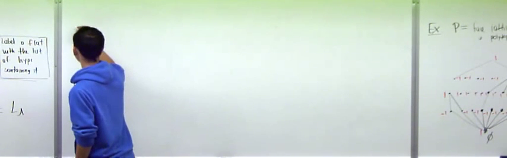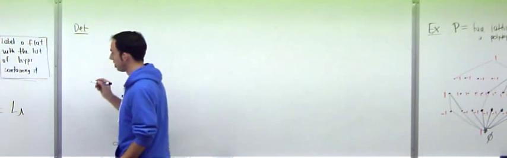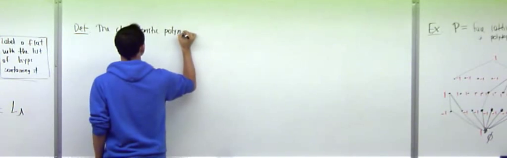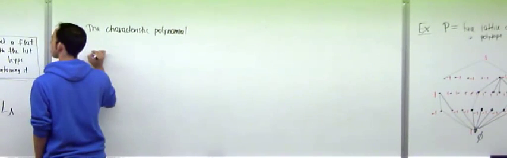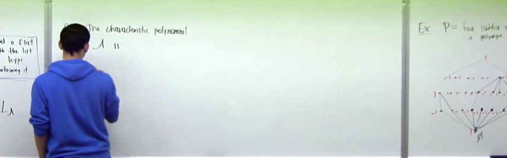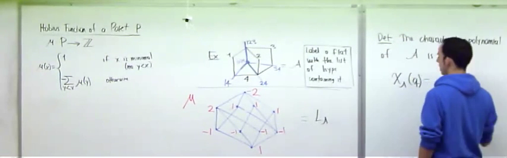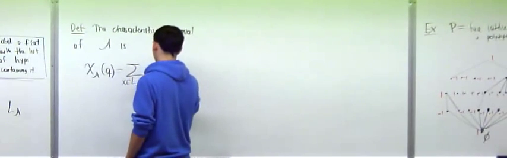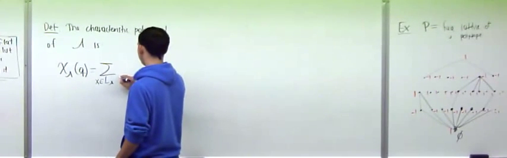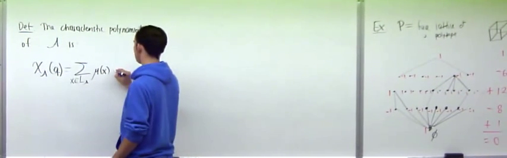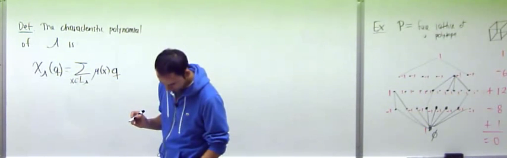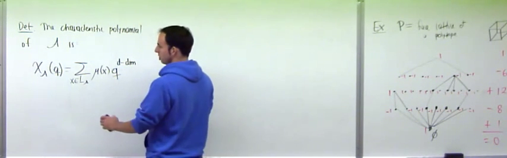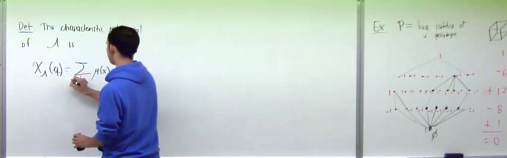Now let me make a definition. The characteristic polynomial of the arrangement is defined to be, written chi sub A of q, a polynomial in one variable, and it's defined to be the sum over elements in the intersection poset of the Mobius number times q to the d minus the dimension of, because I decided to call these flats, let's give them the name F so that we remember what they mean.